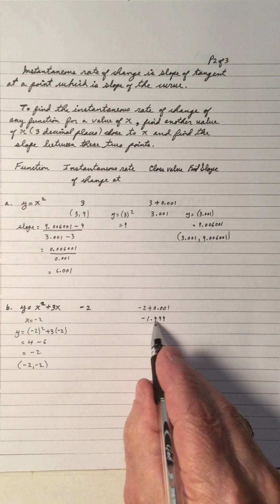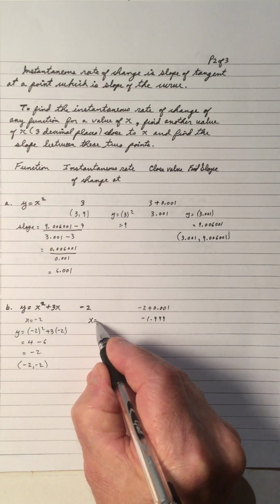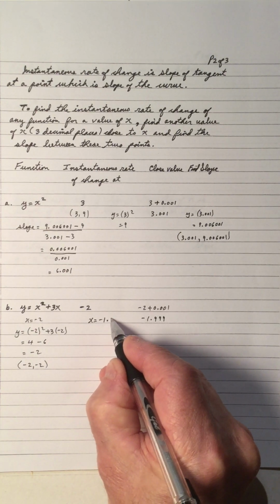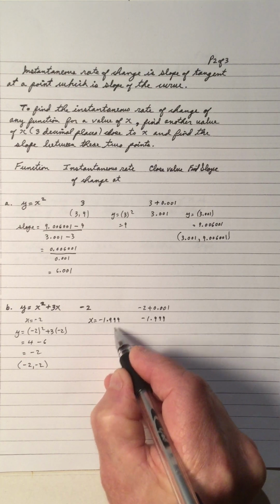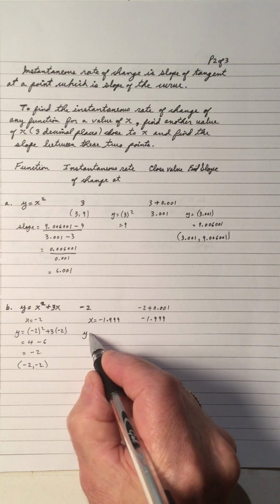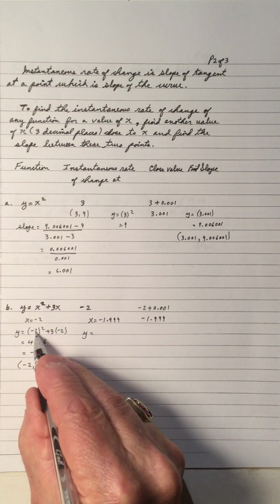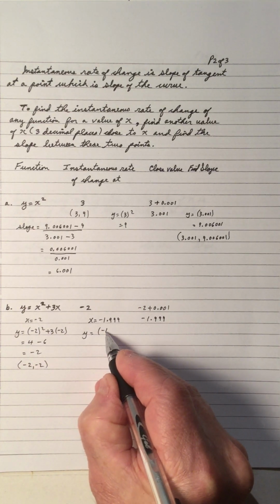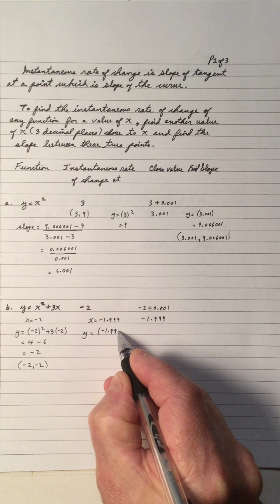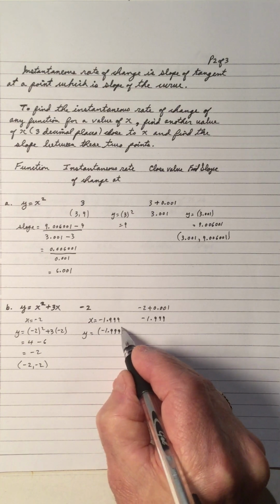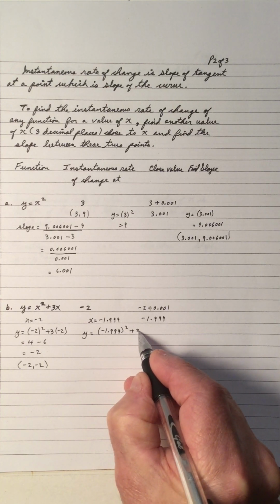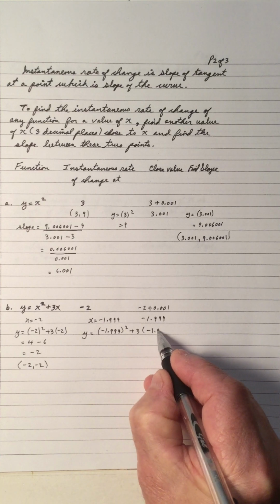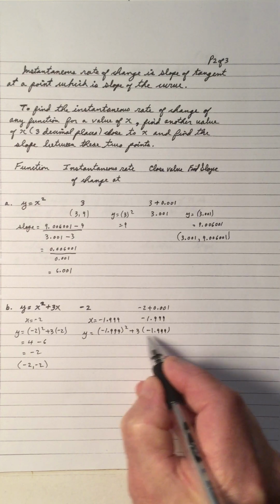Now we're going to sub this value in. X equals negative 1.999. So again we put it in: negative 1.999 squared, add on 3 times negative 1.999.